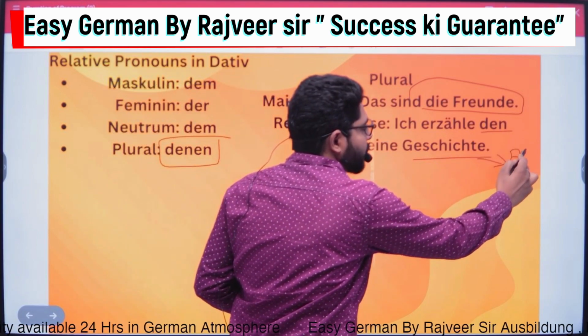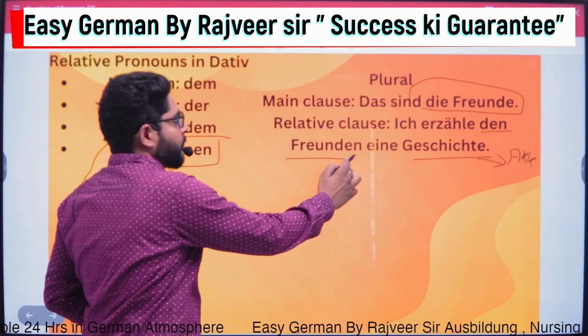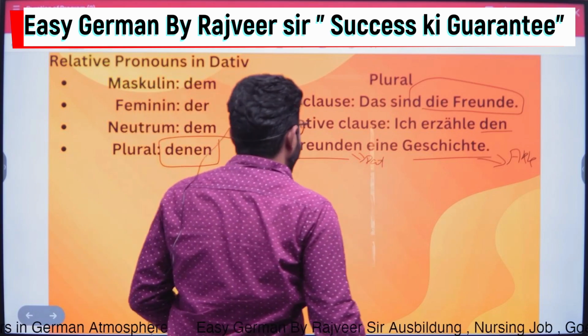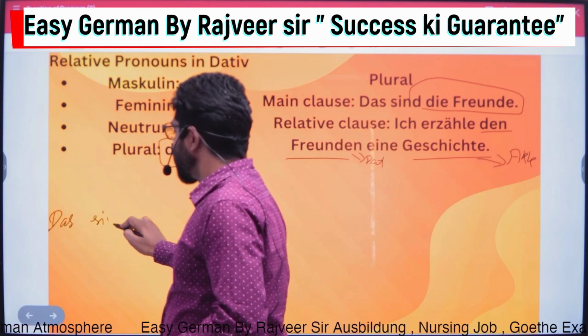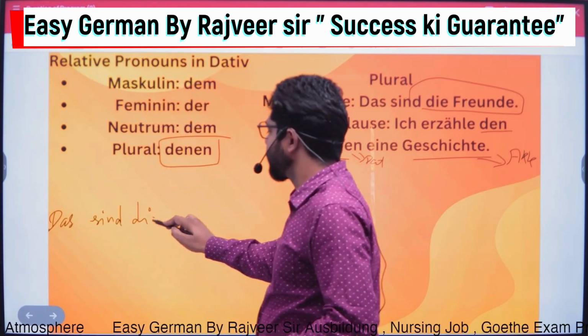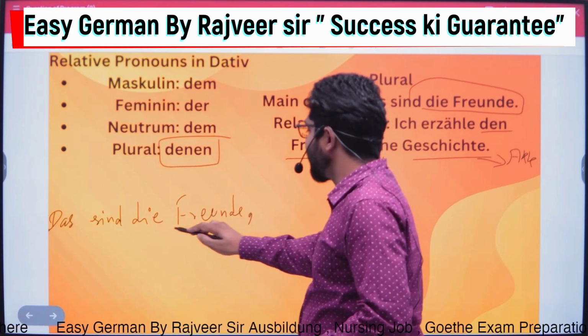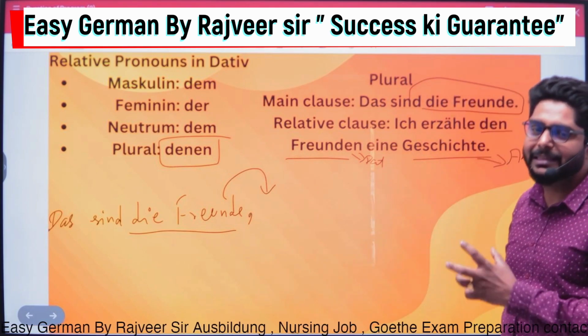That is an accusative thing. Whom we are explaining to, friends. These are dative. So how will we make it? Das sind die Freunde. So these are the friends. And now we will replace all these friends with denen.